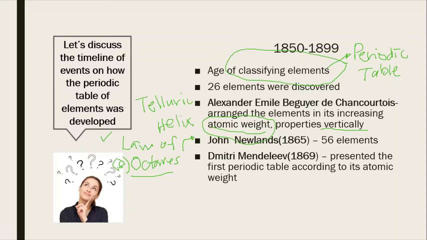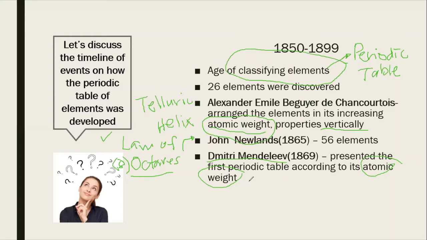It's all because of Dmitri Mendeleev. Okay, so you have to consider that. So Dmitri Mendeleev was the first one to introduce his first periodic table. However, in his periodic table, the elements were arranged in atomic weight. Almost similar with de Chancourtois. Kaso nga lang, iba pagdating kay de Chancourtois, kasi binigyan niya ng focus yung properties and it is in vertical manner. But in Dmitri Mendeleev, ang kanyang concentration lang is in accordance to its atomic weight.